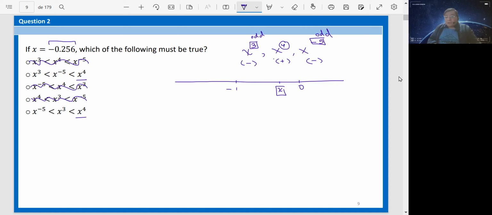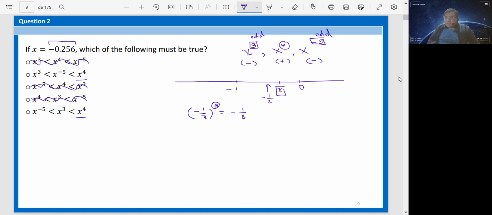So what about trying this sample value, negative 1/2, and see what happens when we raise negative 1/2 to the 3. It's easy. Multiply 3 times, we have 1/8, but with a negative sign because of the odd exponent.